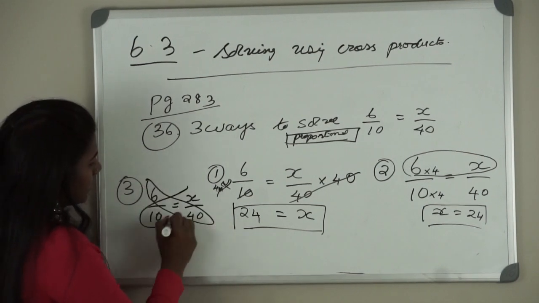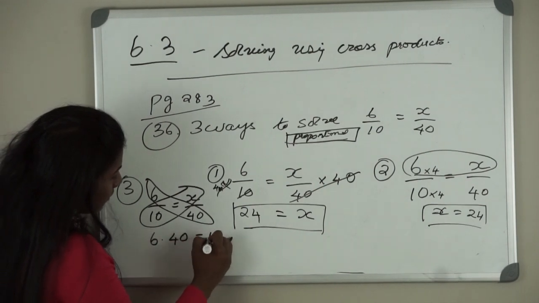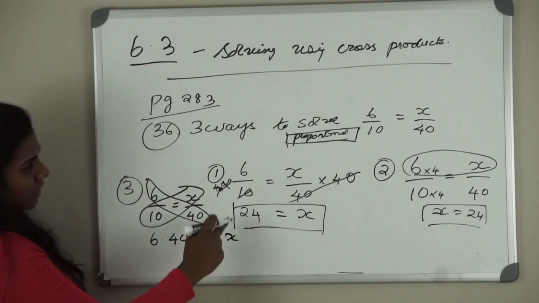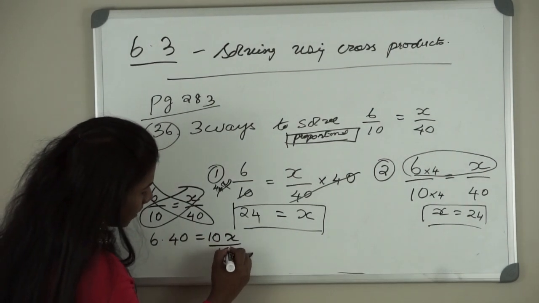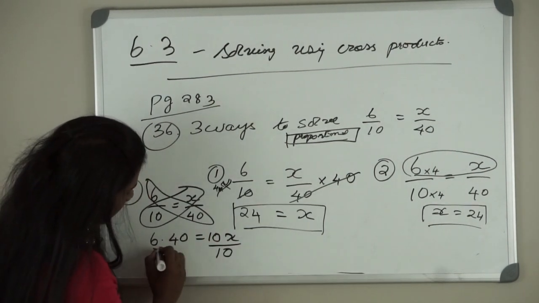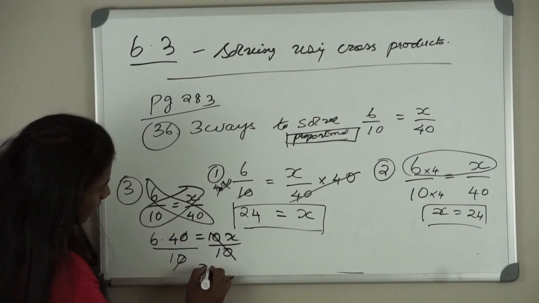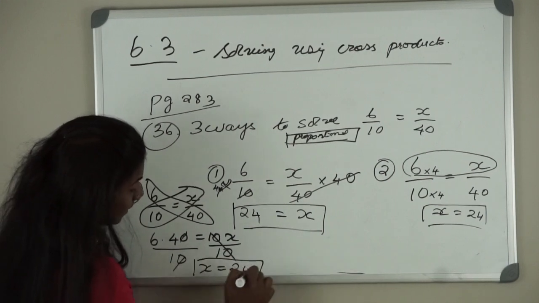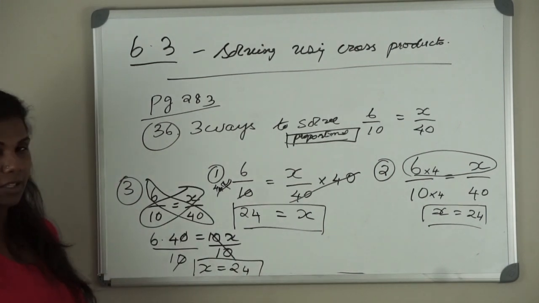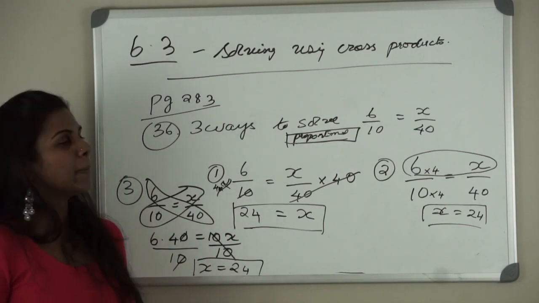Using cross products, I say 6 times 40 is equal to 10x. Again, using our method of removing anything attached to the variable, you divide by 10 on both sides and you get x is equal to 24. So now you know 3 methods of solving for x, not 1 or 2, you know 3 methods.